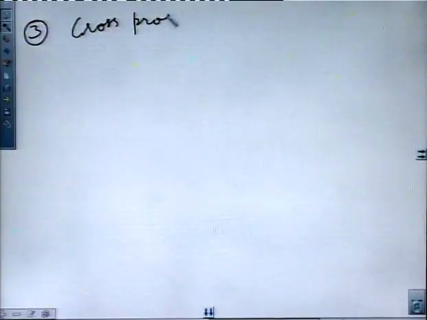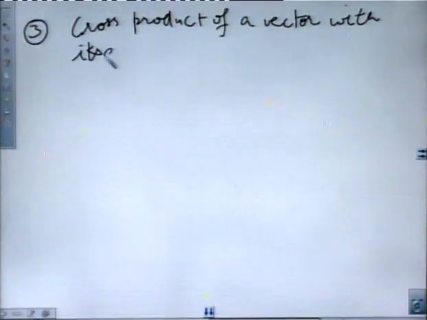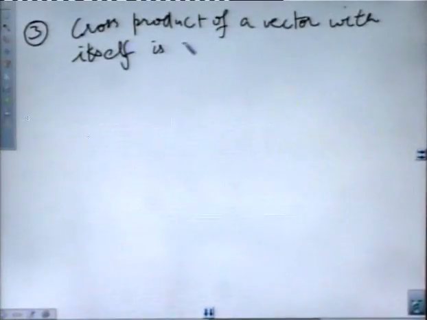Now the third property is the cross product of a vector with itself is 0.